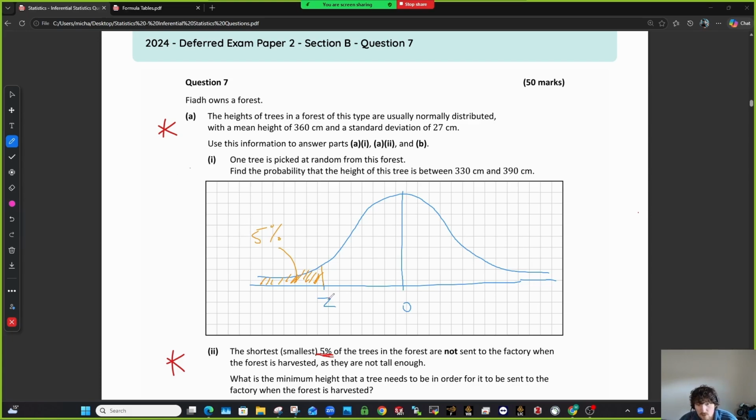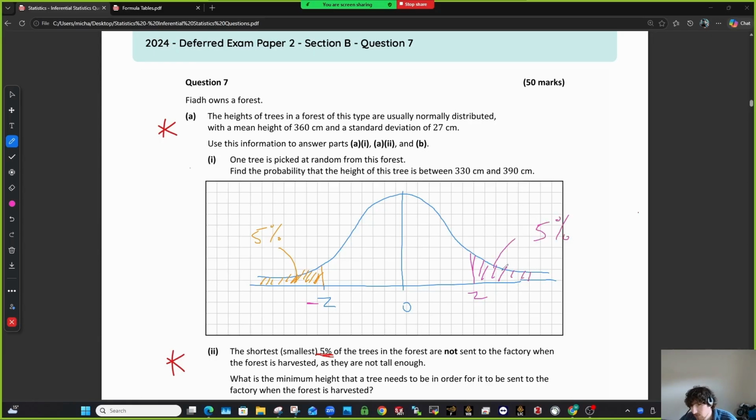Right. Because this is going to be a negative Z-score as well, just so we understand that, our tables book won't be able to help us with this at the minute. So what we've got to do is come up with a bit of a trick. The idea is, if this is the negative Z-score, the positive Z-score, according to the symmetry, will have 5% above it.